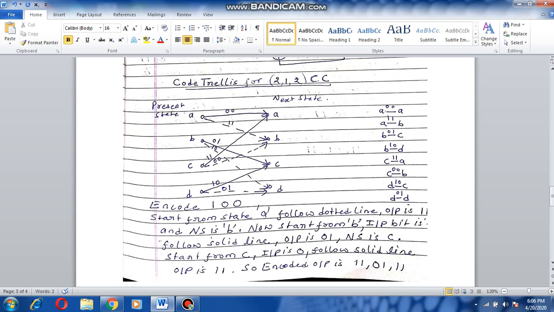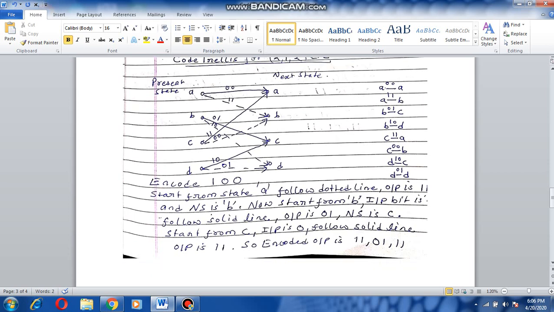As you can see, when the machine is in state A and the input bit is 0, it moves from A to A with the output of 0 0. Similarly for 1, it moves from A to B with output of 1 1, and so on. So this is the compact way of remembering the information that is shown on the right hand side. This is just for your memory, and it need not be shown in the written work.